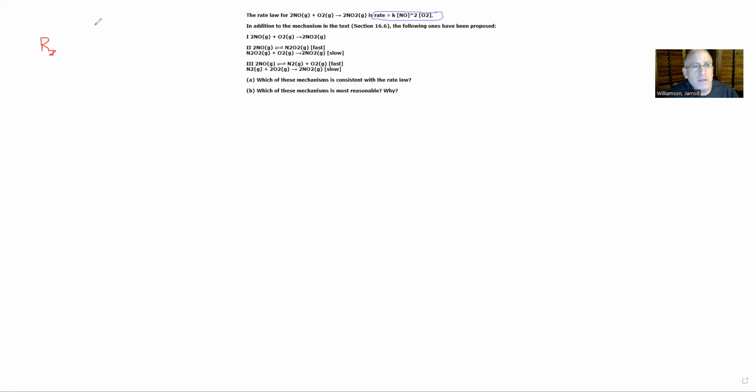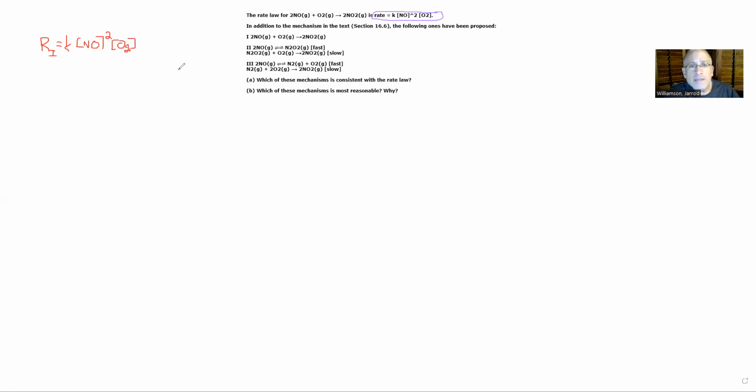Oops, that was a letter Z. The rate from mechanism 1 is equal to k times [NO] squared [O2]. And that is consistent with the experimentally observed rate law.